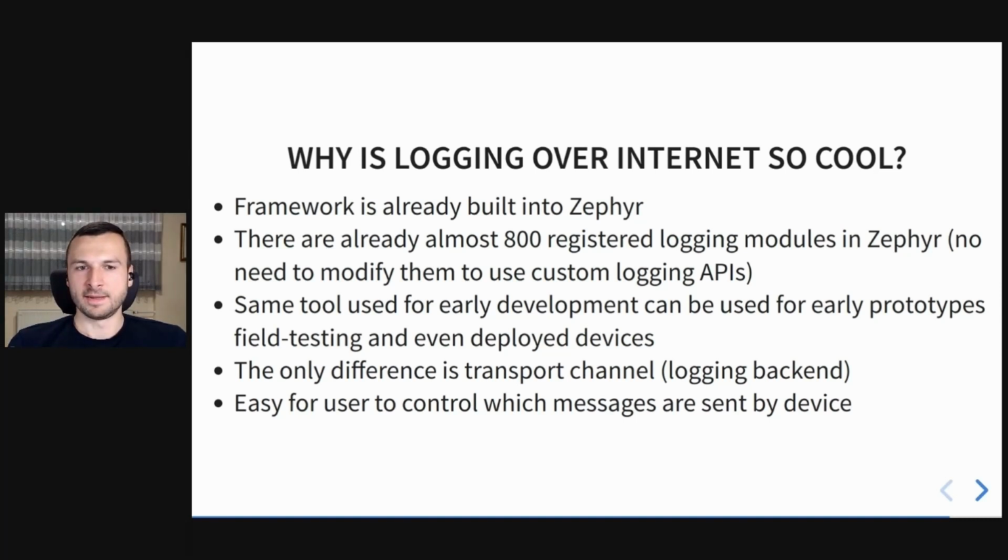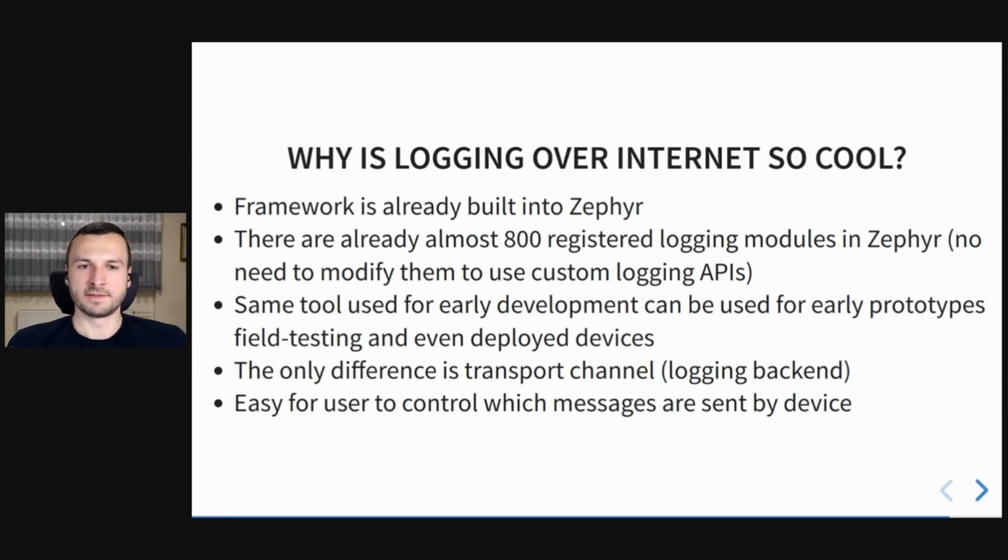And the same tool that is used for early development, like logging over UART or over RTT, can be used for devices that are early prototypes, in field testing, or even deployed in the field. The only thing that changes is the transport. So instead of UART, we use the cloud as a middleman.